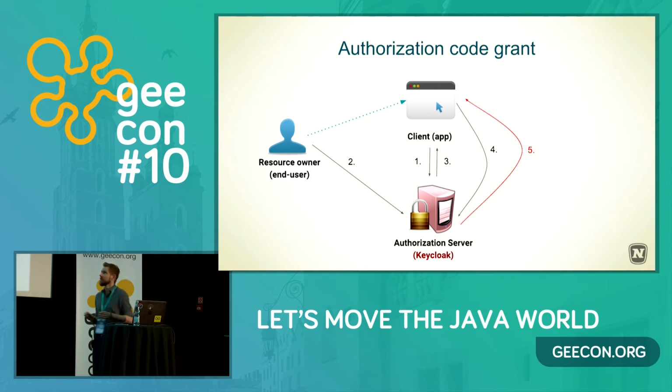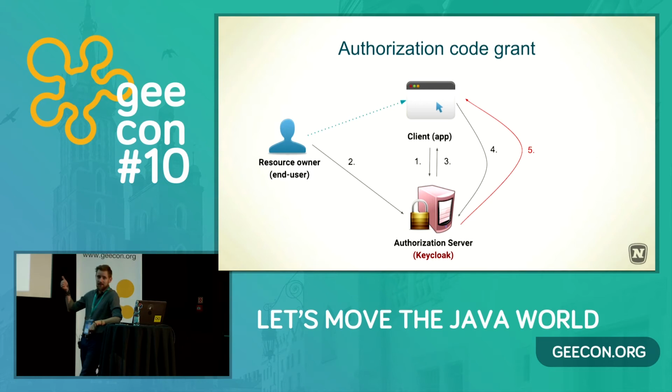So how is it different in the authorization code grant? It starts basically the same. We're going to be redirected to the authorization server, and then we fill in username and password, and instead of the authorization server giving an access token, we're going to be issued with another token. It's called a code. And the code is going to be confidentially sent to the client as a proof that the user has been authorized in our authorization server.